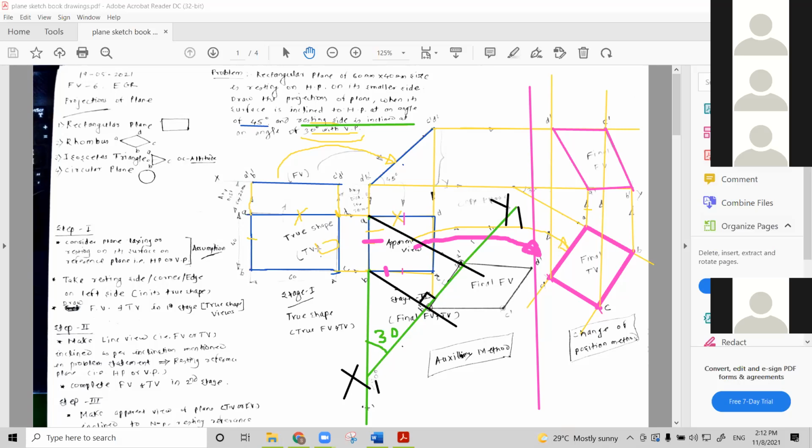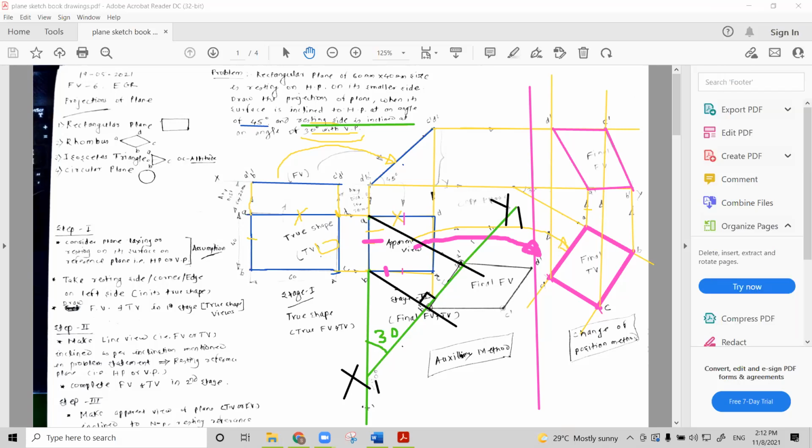Then take the distance of A dash and B dash, that is the second stage front view, from the XY line. A and B points are on the XY line. So obviously, when this projected black color line intersects here, you are going to get the A point, then B point.